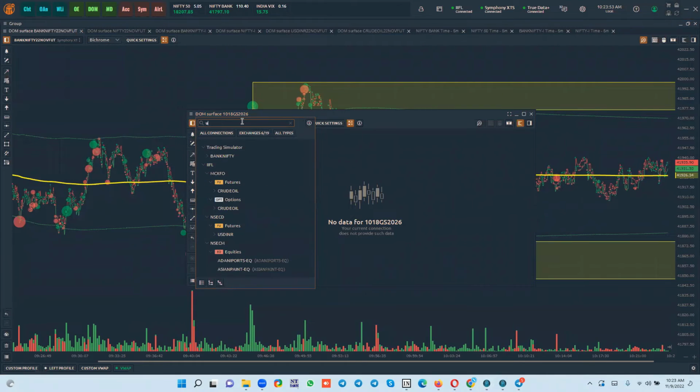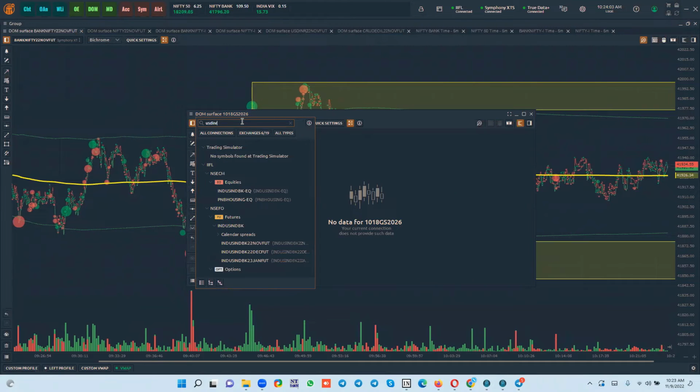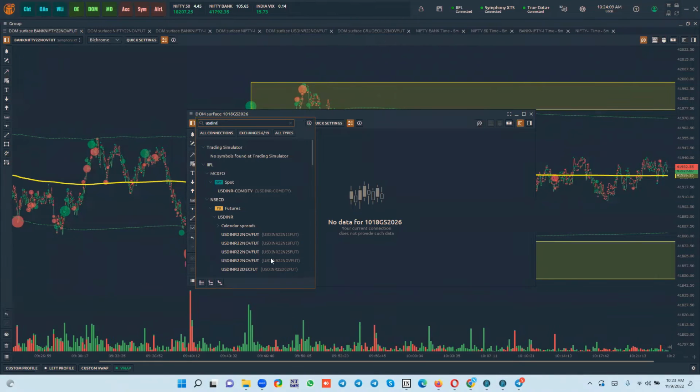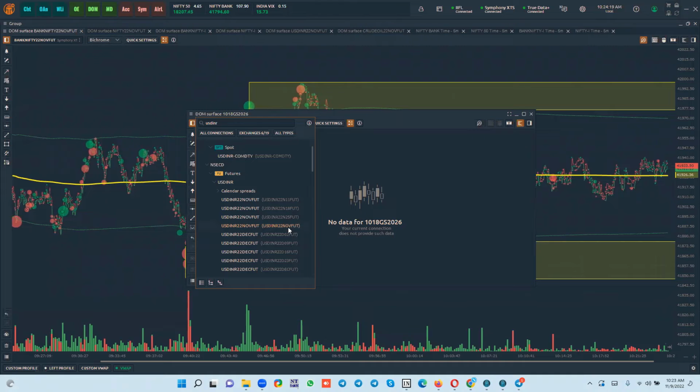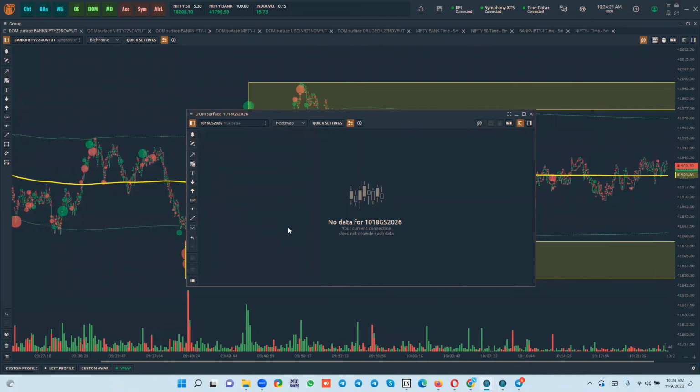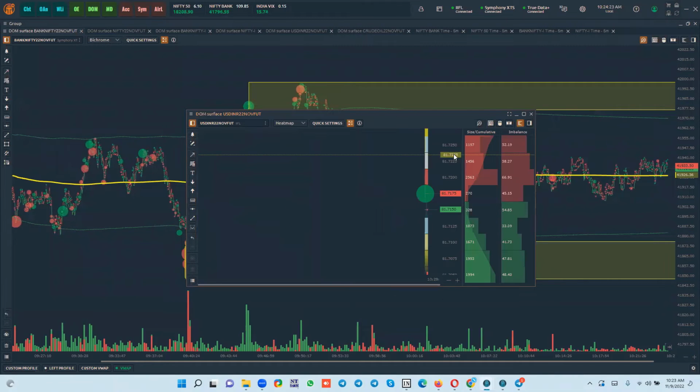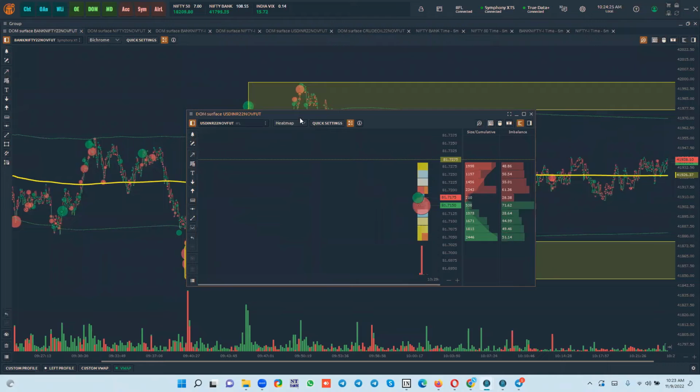If you have an account with IIFL or something, you get USD INR data as well, even crude oil data. So when you click here IIFL USD INR, you see that there are USD INR weekly contracts as well. But the most active one is the monthly contract, which comes with the month name in it. So you can just click here, November, and you will start seeing the data of dome surface.